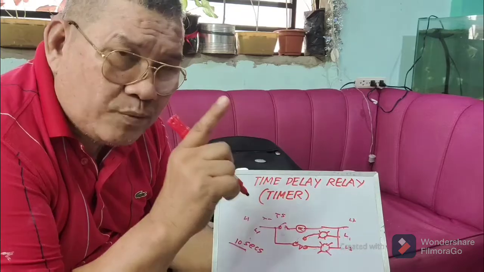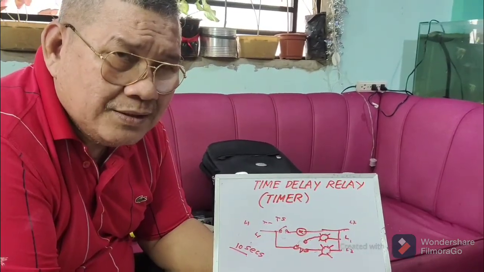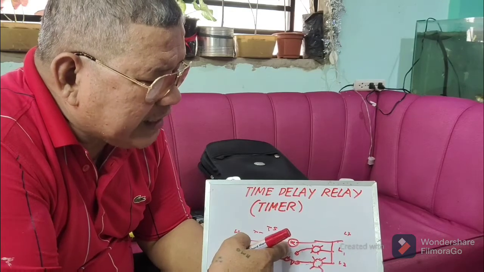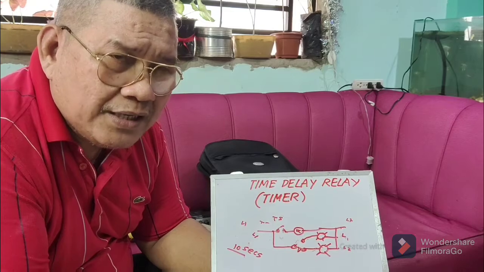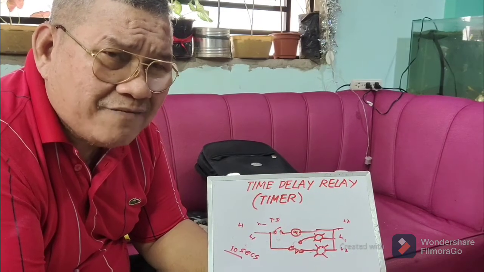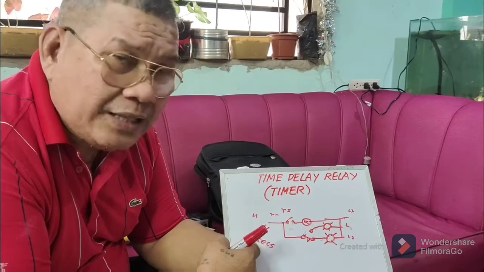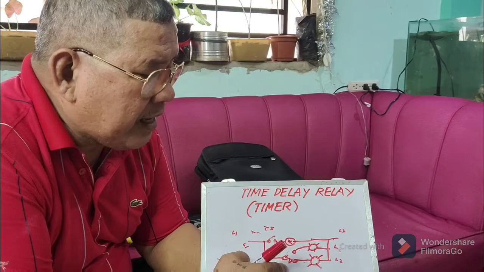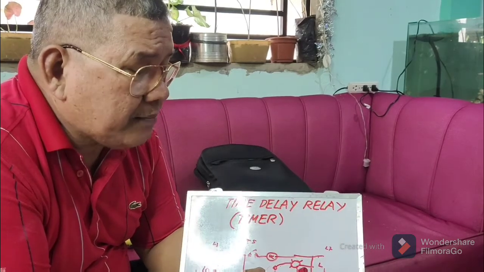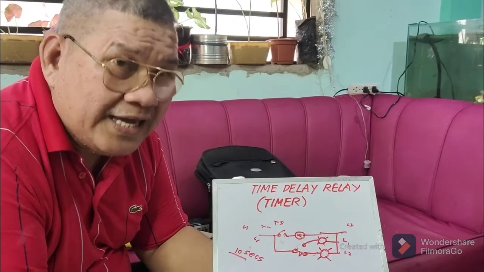When you switch on, automatically the timing contact will work without time. But if you de-energize the magnetic coil of your timer, though the magnetic coil is already disconnected from the circuit, the lamp is still lighting. You have to wait 10 seconds because that is your preset time. Then that's the time that lamp 2 will be off. So that is an off delay.